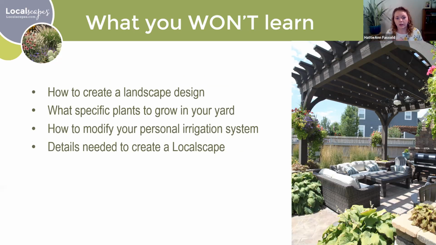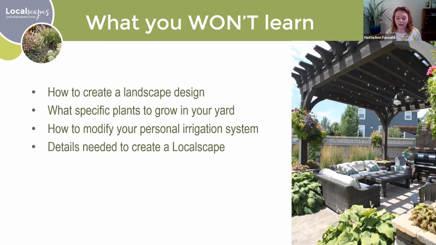Some things that you're not going to be learning are how to create a specific landscape design, specific plants to grow in your yard, how to modify your personal irrigation system, and details to create a Localscape. All of these are things that you'll learn through the Localscapes program if you continue to take other courses. For example, we have a Localscapes design class that we're going to be teaching, where you can learn how to create a design.